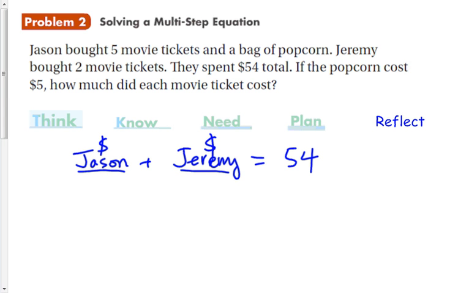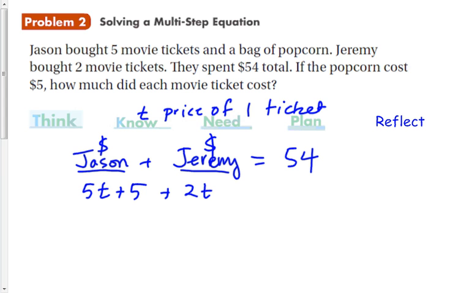And one constant is the price of the ticket, so let's just let T be the price of one ticket. Then we can represent what Jason spent, since he bought 5 tickets, as 5 times T. And he bought an extra thing of popcorn, and that's $5. And Jeremy just bought 2 tickets, so that would be 2T.